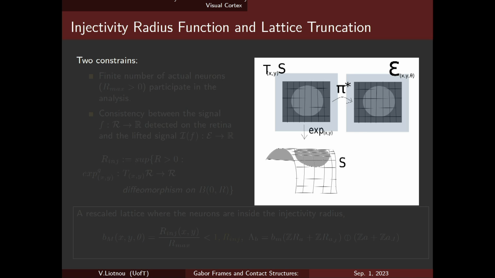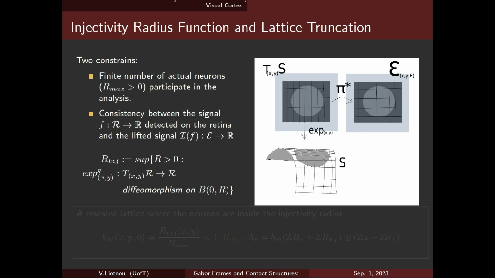We stumble on two problems about the lattice, which leads to some rescaling. One comes from the fact that in practice one can only measure a finite amount of neurons, and so we had to cut off by the dark gray area.